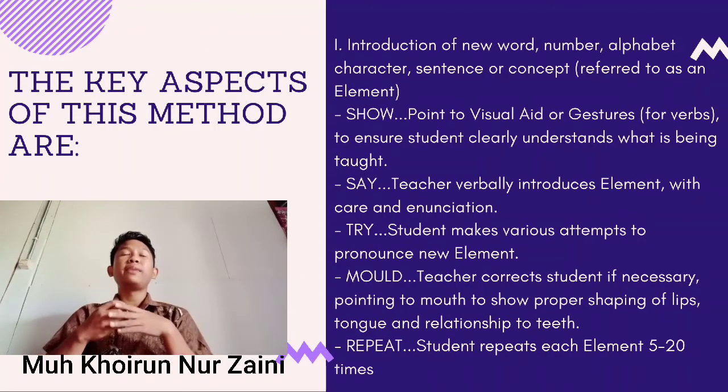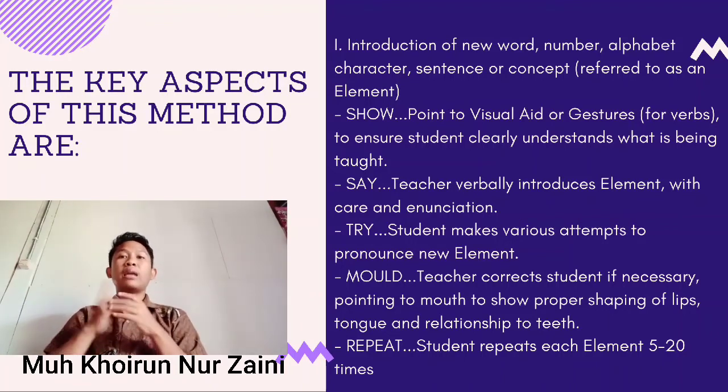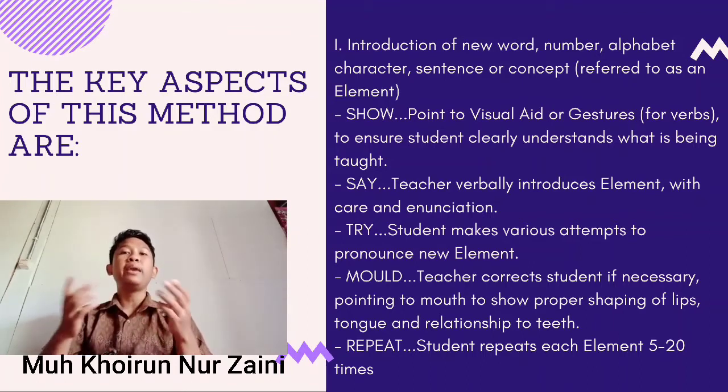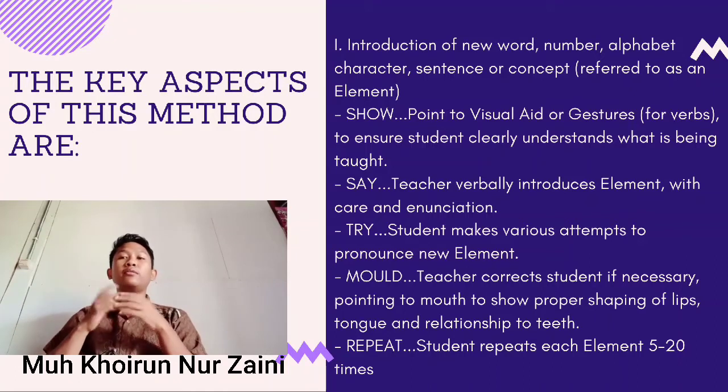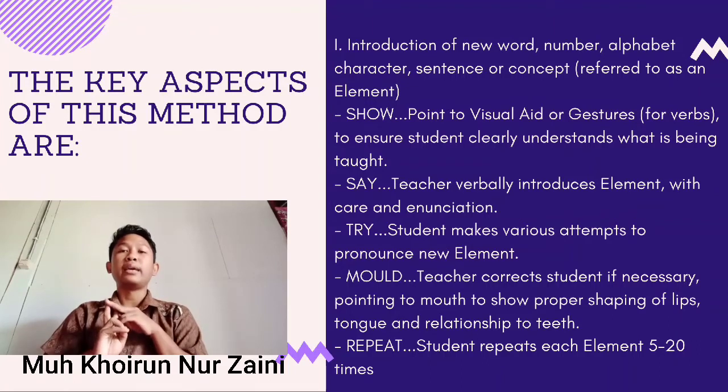The key aspects of this method are the introduction of a new word, number, alphabet, character, sentence, or concept, referred to as an element. Number 1. Show: point to visual art or gesture for verbs to ensure students clearly understand what is being taught. For example, students can learn from an activity demonstrated by the teacher. Number 2. Say.